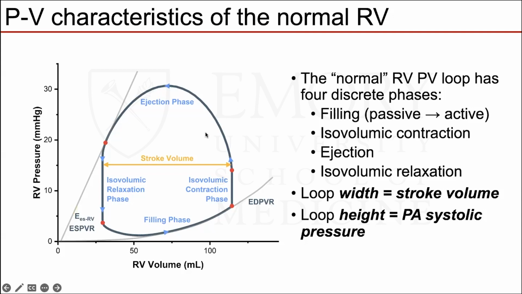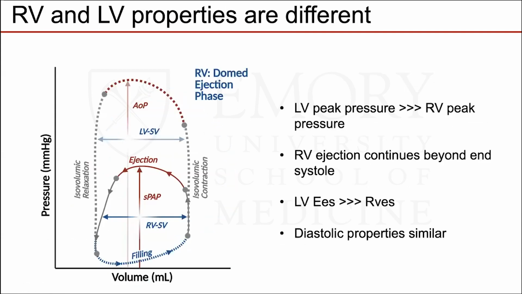The height of the loop will tell us the maximal PA systolic pressure. RV and LV PV loops, as you can see, are pretty different. The LV peak pressure is way higher than RV peak pressure. RV ejection continues beyond end systole. LV elastance is way higher than RV elastance, but their diastolic properties are pretty similar.